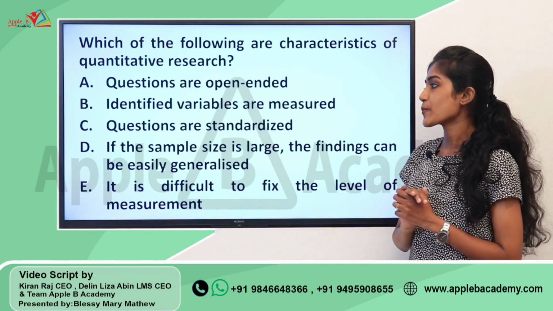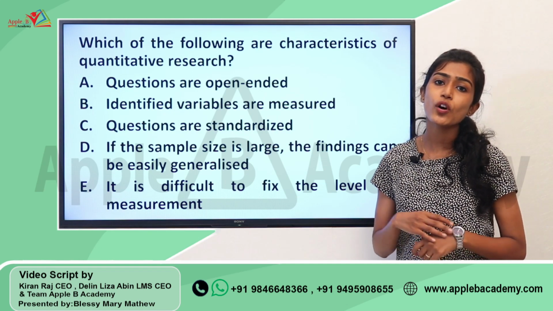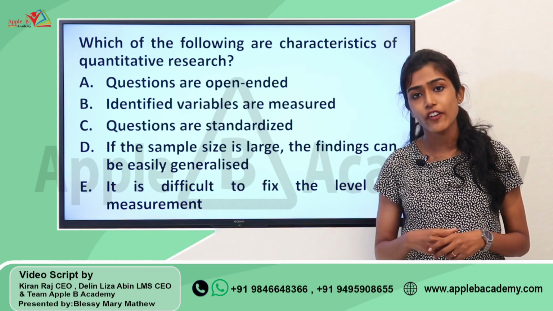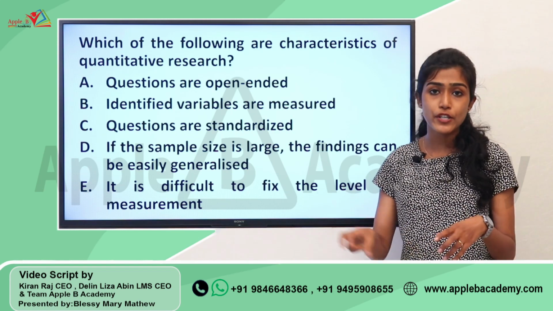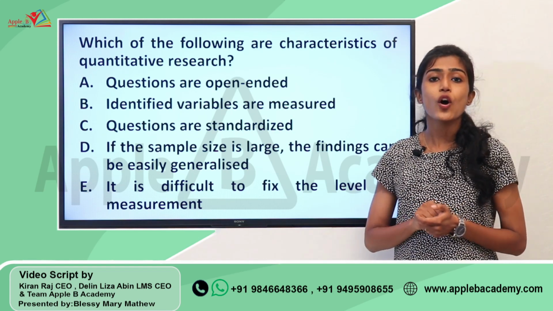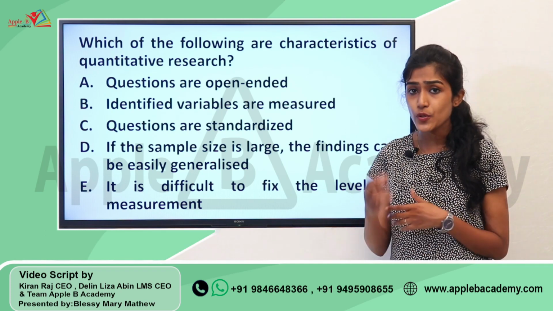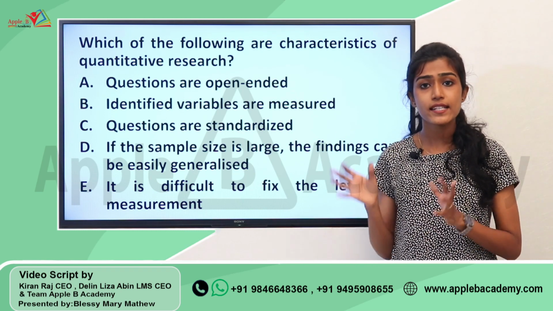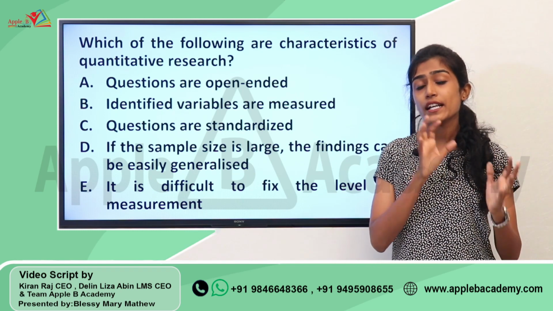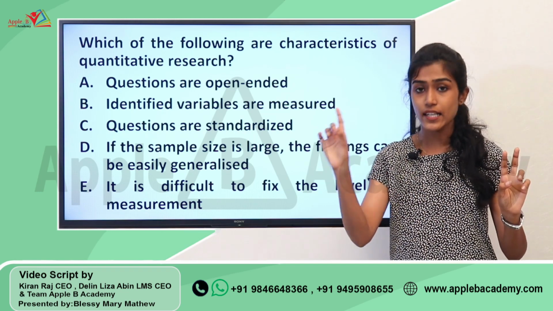Then coming to option B, identified variables are measured. When it comes to quantitative research, we will be identifying variables and we are actually measuring these variables as well. Let's say an example that we use very regularly in our classes is how income is influencing the rate of consumption. We are focusing on two different variables here, income and consumption, right?